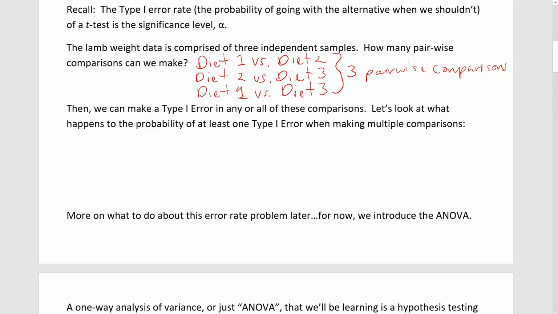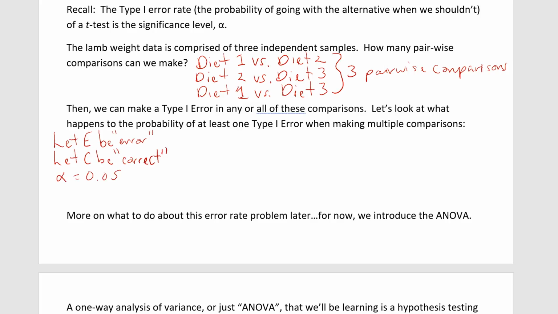So let's look at what happens to the probability of at least one type 1 error when making all 3 multiple comparisons. Let's let E denote an error, and let's let C denote being correct, so not making an error. We made the correct decision.